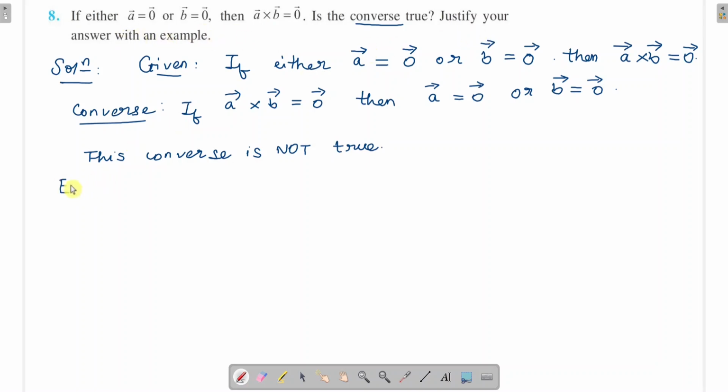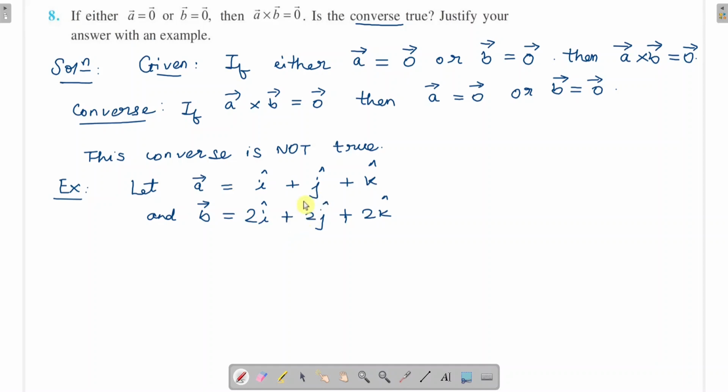So example, let a bar be equal to i cap plus j cap plus k cap. Okay, and b bar be equal to 2i cap plus 2j cap plus 2k cap.